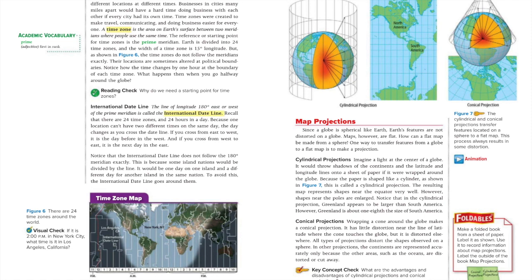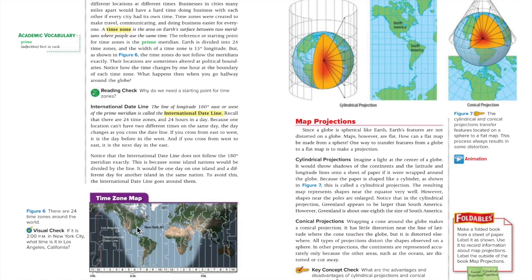But, as shown in figure 6, which is down here, the time zones don't follow the meridians exactly, okay? So their locations are sometimes altered at political boundaries. Notice how the time changes by 1 hour at the boundary of each time zone.